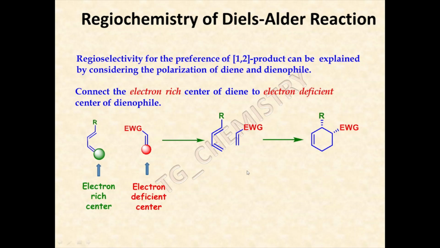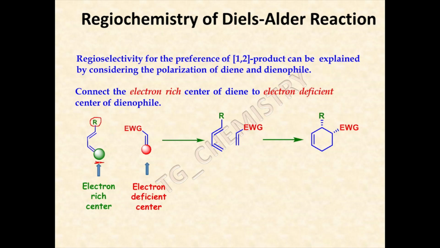The regioselectivity, the preference for the 1,2 product, is explained by considering the polarization of the diene and the dienophile, to understand that the bond formation involves an electron rich center of the diene and the electron deficient center of the dienophile. If you have an electron donating group in the diene, then through conjugation you can increase the electron density at that carbon, so that carbon is an electron rich center.